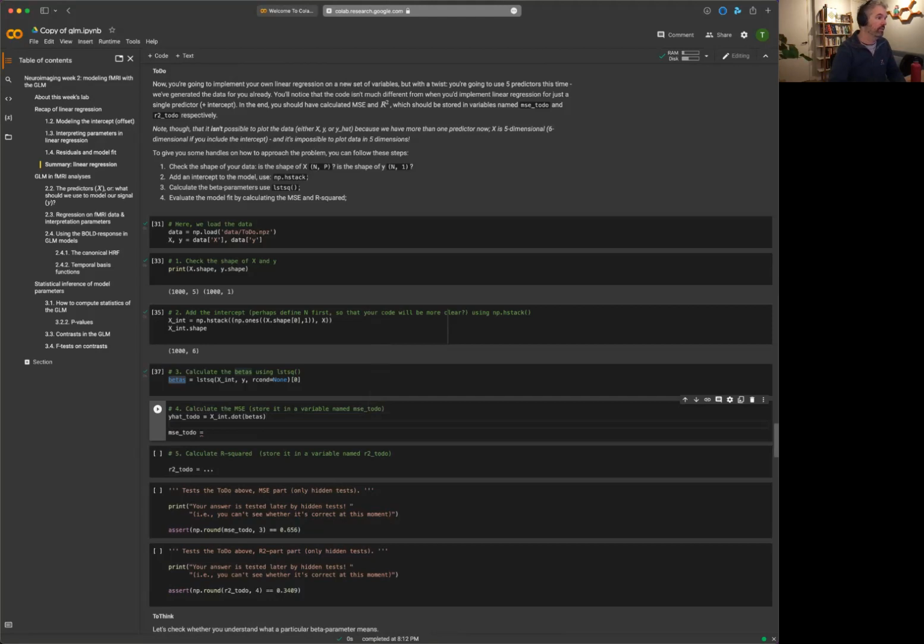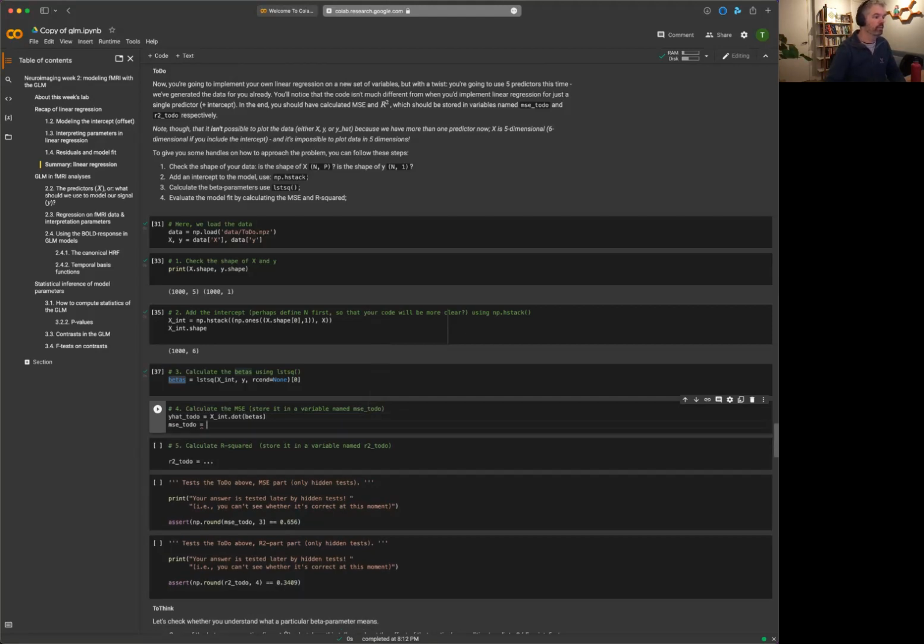That's our y hat. Now we want to take the difference between y_hat_todo and y, and it doesn't matter which order we do this in, right? We could also do y minus y hat because we're squaring this after that, and that will make all negative numbers positive. So this is the mean squared error, yeah?